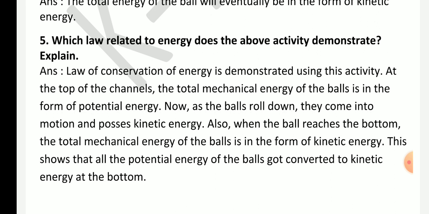Also, when the ball reaches the bottom, the total mechanical energy of the balls is in the form of kinetic energy. This shows that all the potential energy of the balls got converted to kinetic energy at the bottom. Understood, children? I hope every one of you have understood.